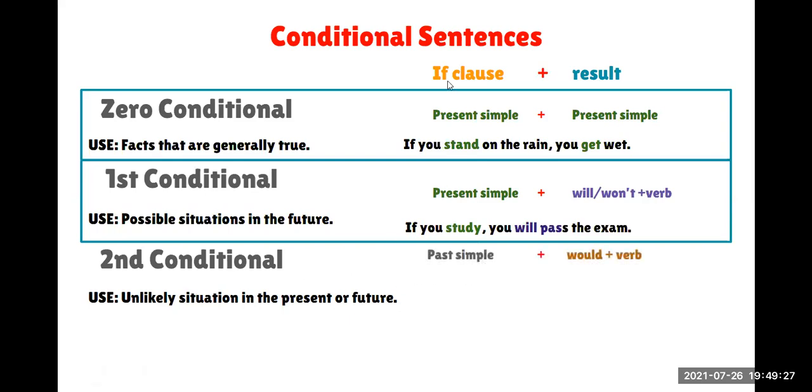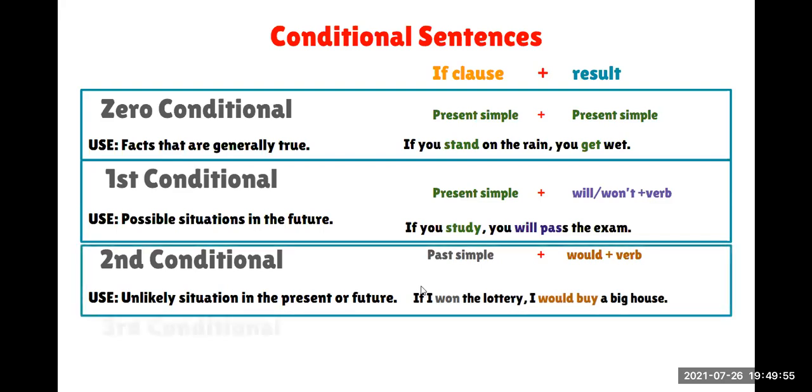We use the past simple in the if clause, and in the result, we use would and a verb. But we can also use other options. For example, we can use could and might in the result, okay? For example, if I won the lottery, I would buy a big house. This is something we have seen before.